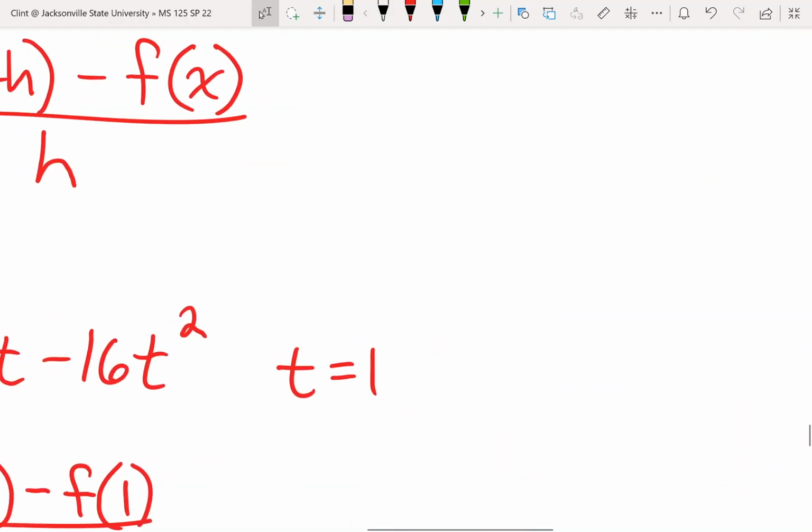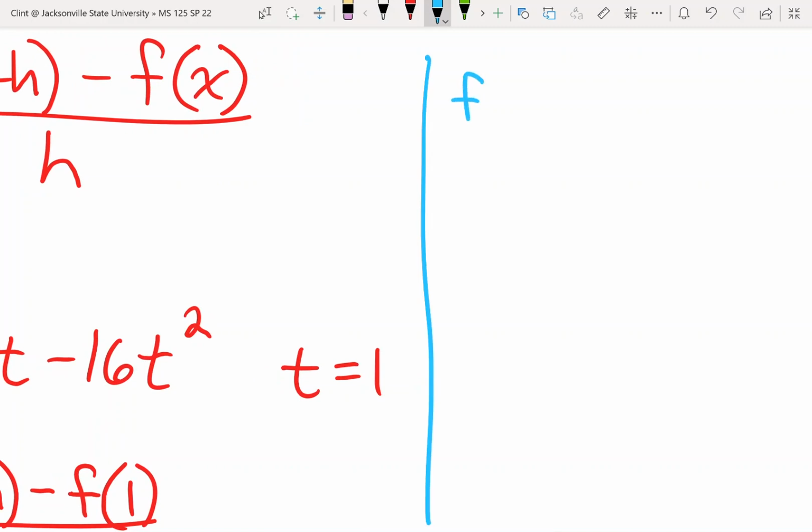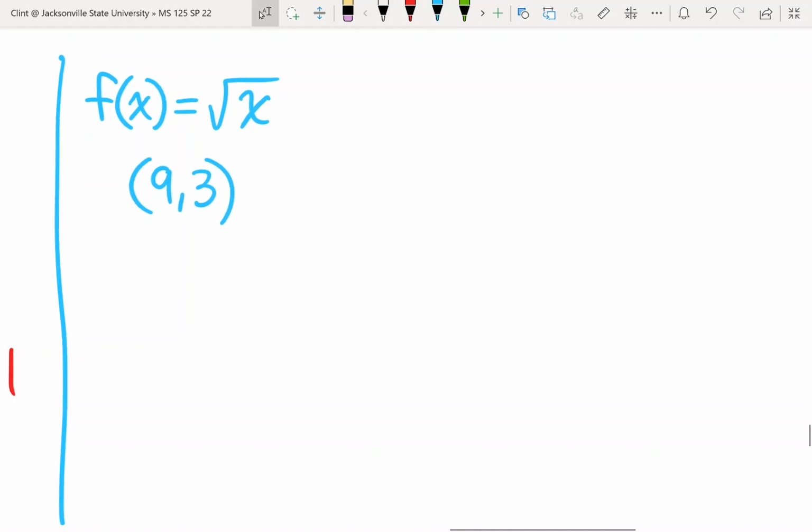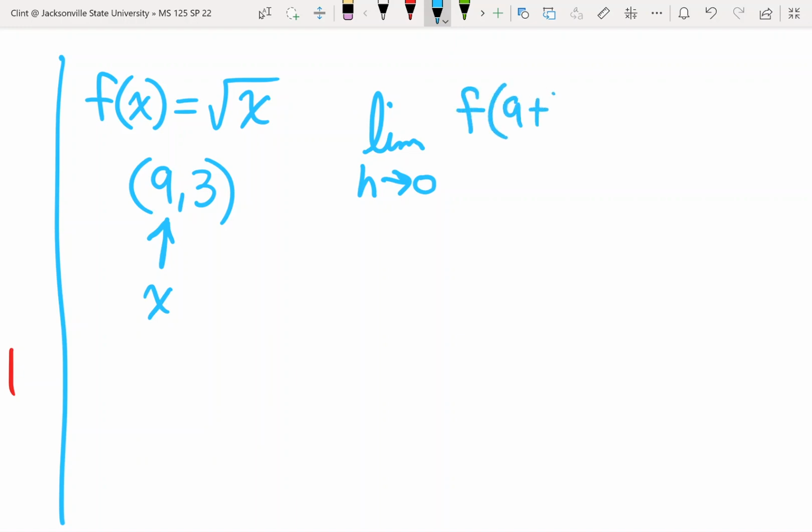So we want the limit as h approaches 0, and our x coordinate this time is 9. So f of 9 plus h minus f of 9 over h.